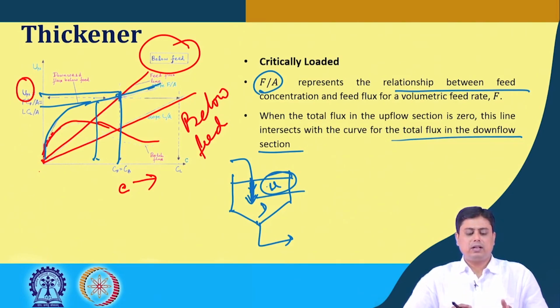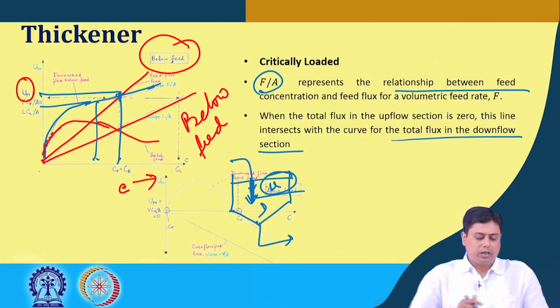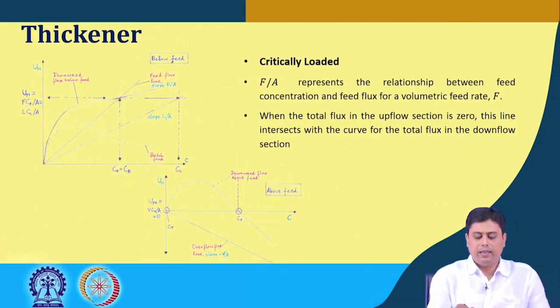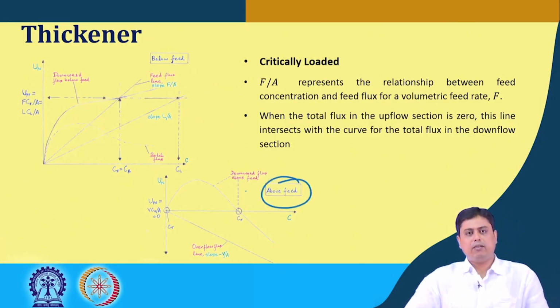So, as we are considering these having positive slope, that would be in the negative direction, which would look like this kind of a scenario, and below this is the above feed scenario.